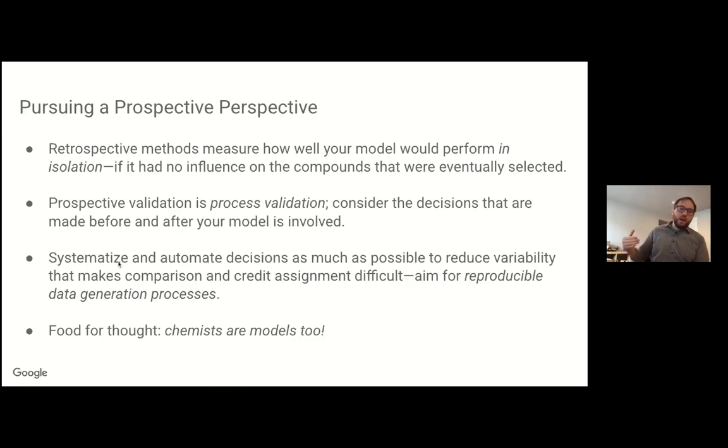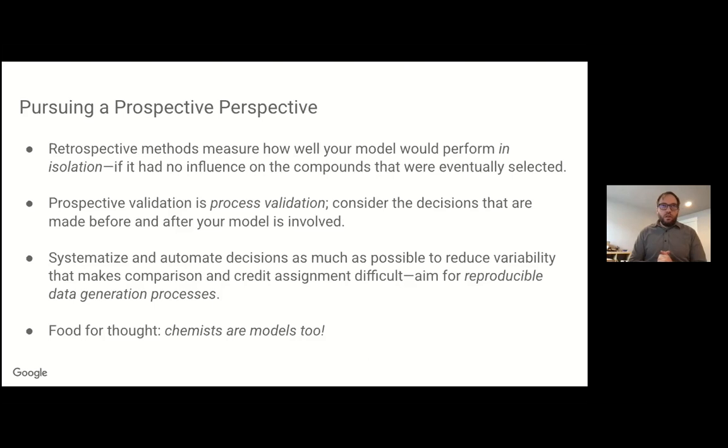One thing that can really help the robustness of a data generation process is to think about how you can systematize and automate different phases of it. The first argument, of course, is, well, what about chemical intuition and the role that plays in our processes? And I totally understand. Chemical intuition is very valuable, and it can be very helpful.